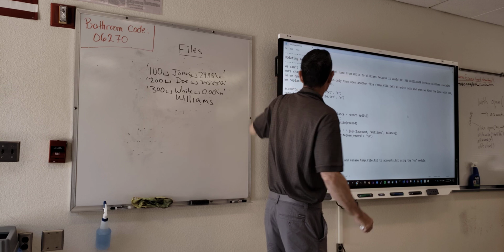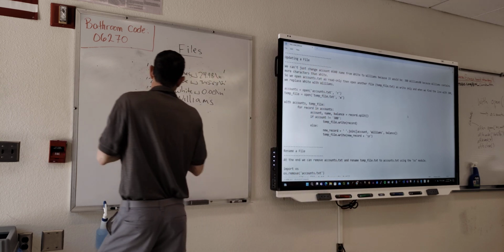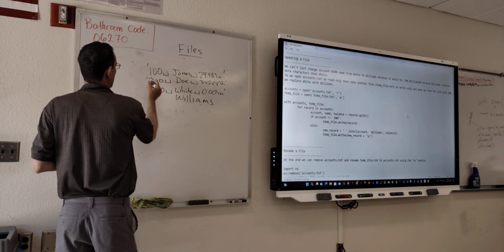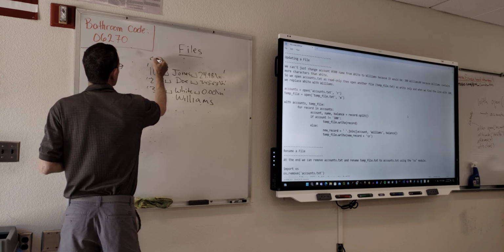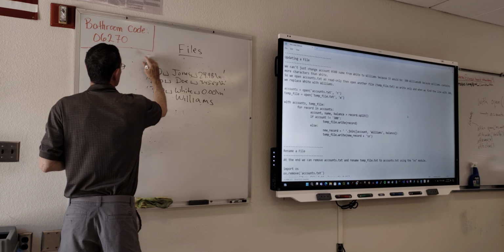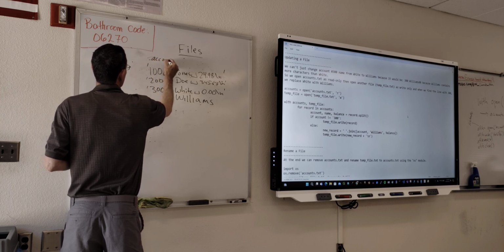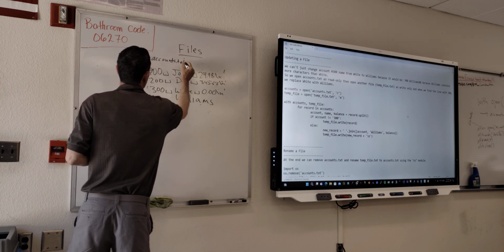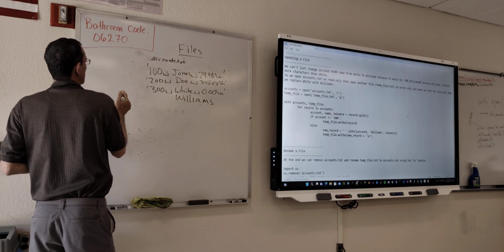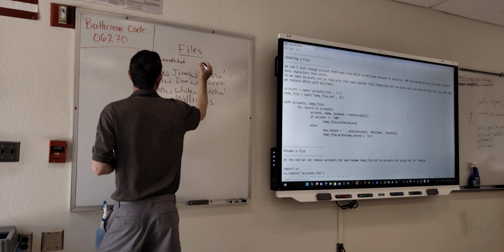So what we do is we've got this file, and this one's called accounts.text. What we do is we open 2 files. We open this one as read only.